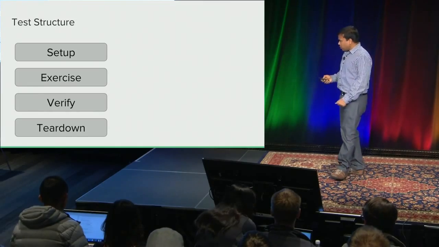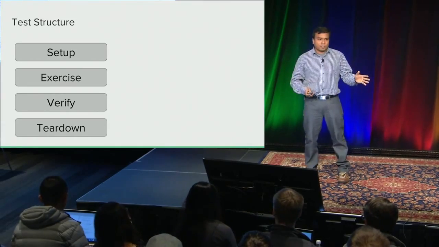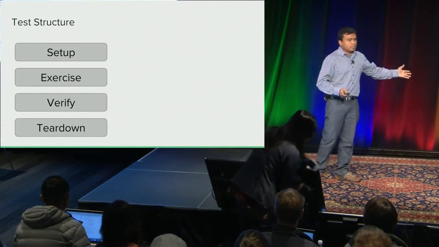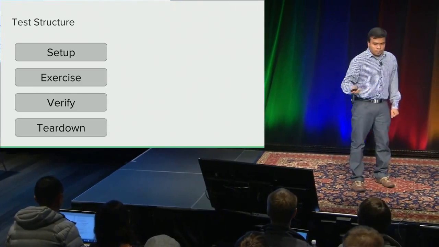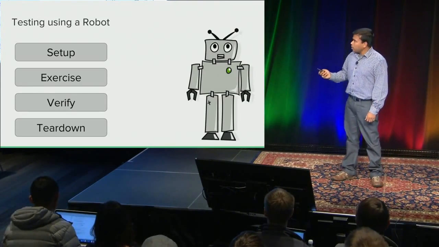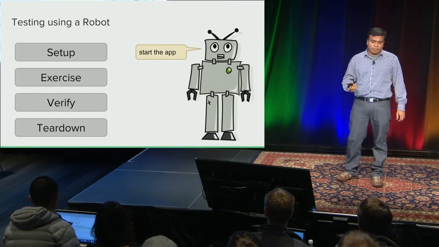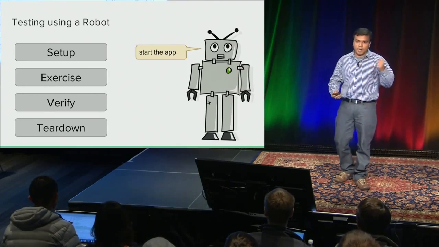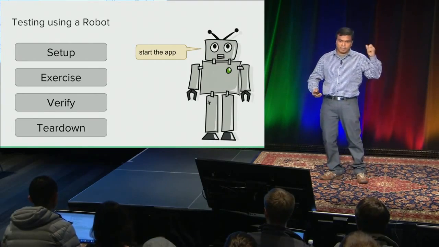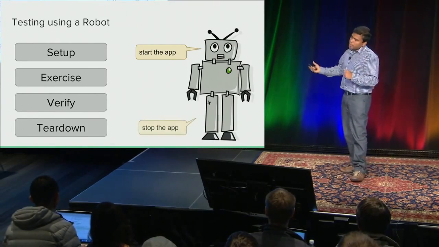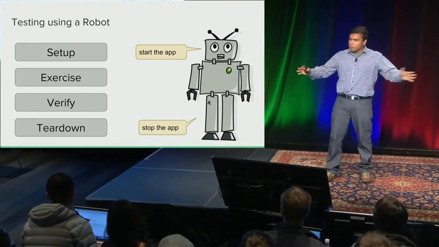So how will a robot or an automated technique do these steps? Let's say we have a robot. For the setup phase, it can say, OK, let me install the app on the device and start it. For tear down, it can say, let me stop the app and uninstall it.